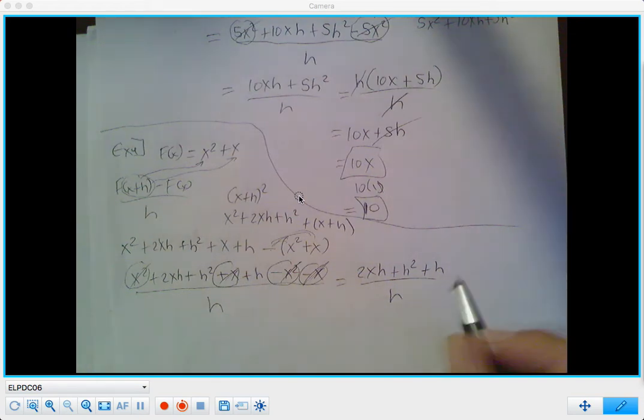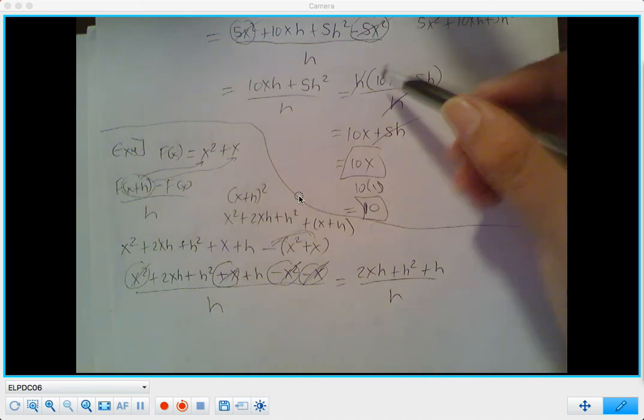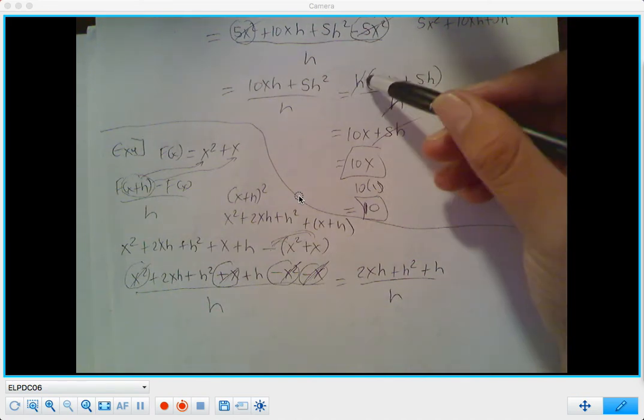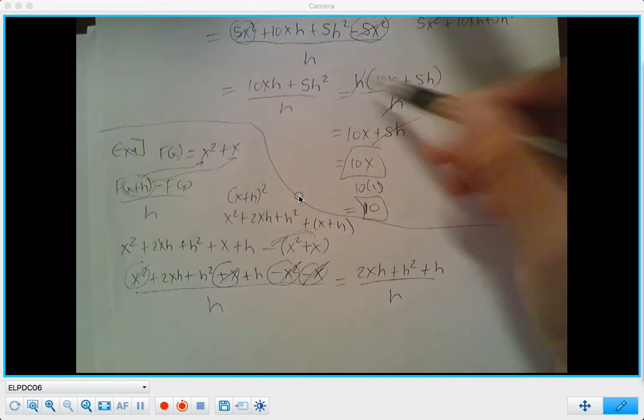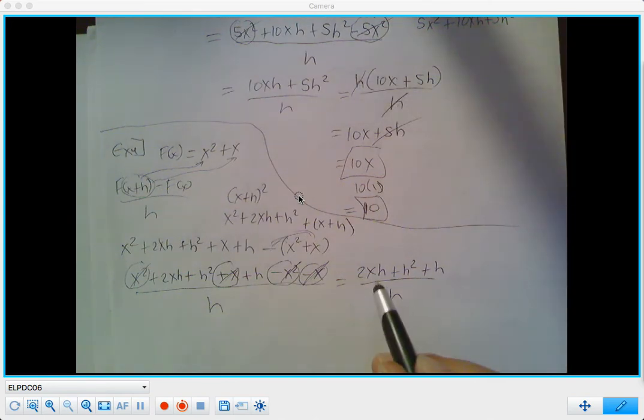See, look, if you already figured out, our goal here is to factor out an h so you can cancel the h's, okay? So if you get to this point and you cannot factor an h, then that means you did something wrong and you have to go back and double check your work. Here, I have an h, I have an h, I have an h, so I can take out an h.